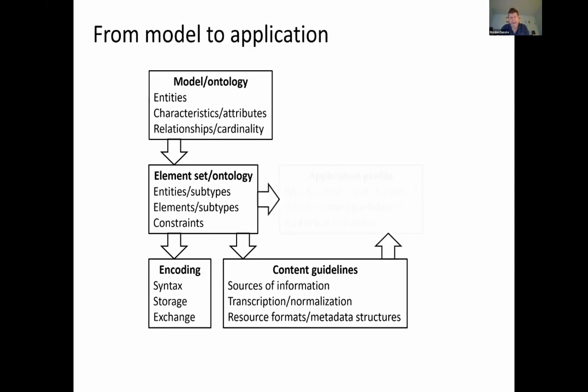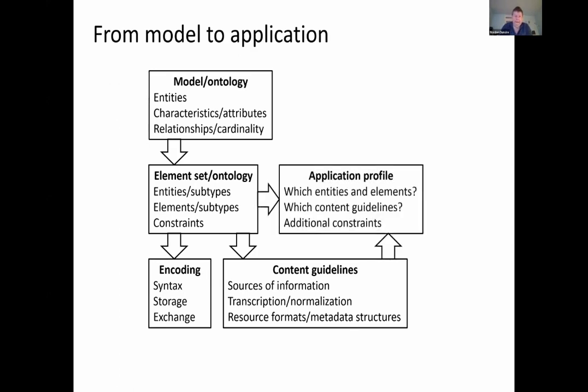However, for a wide area global model ontology and its implementation, it is highly likely that not all of the entities, elements, constraints, and content guidelines are going to be applicable to the particular resource that is being cataloged at any one time.